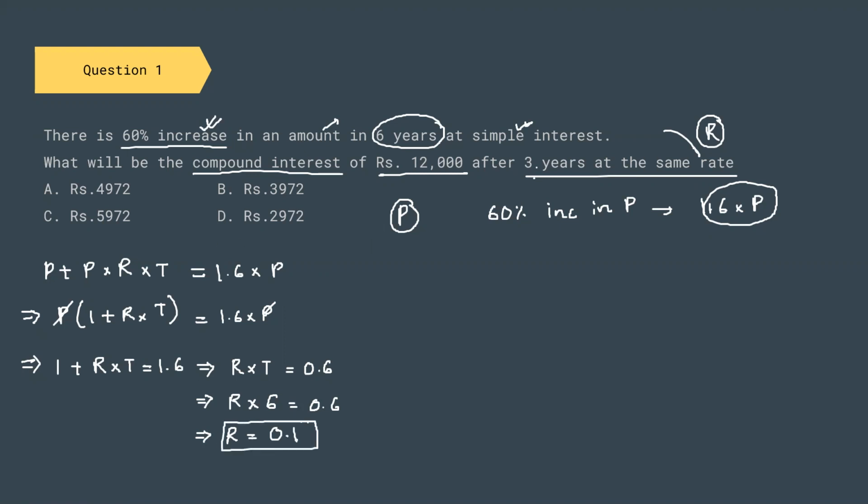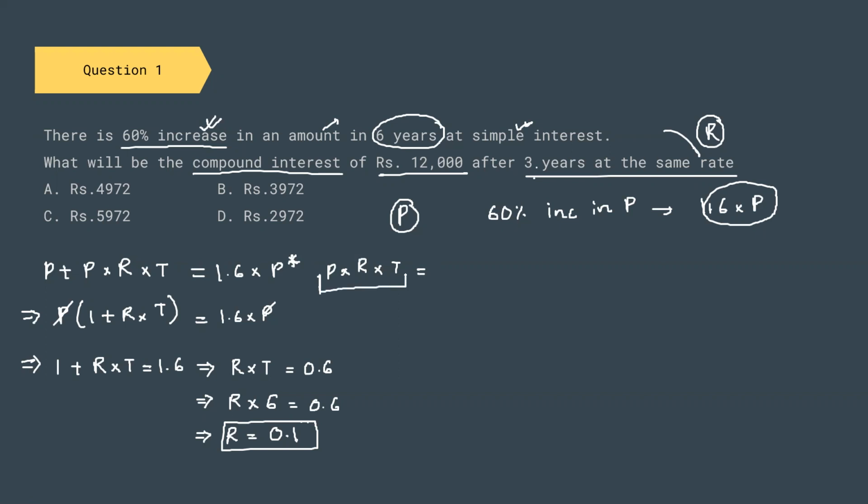Now this is one way of writing this equation. You can also write P into R into T equal to 60% increase. A 60% increase means the simple interest amount is 60% of the total principal amount.